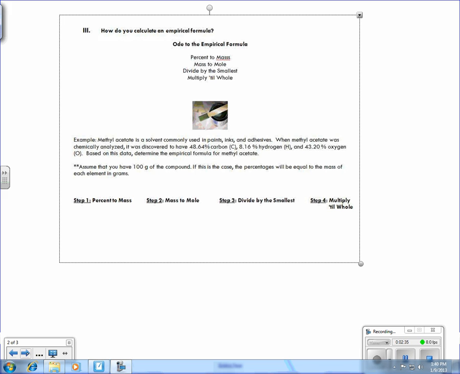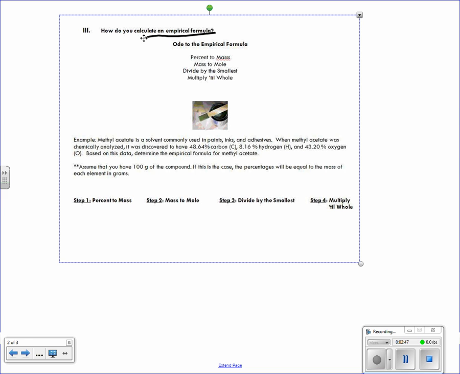Okay, so at this point you have shown how you understand how to do percent composition. This is one of my favorite nerdy math things that we do in this class. How do you calculate an empirical formula? Very often you'll see us do this. You'll be given percent composition data and asked to find the empirical formula.